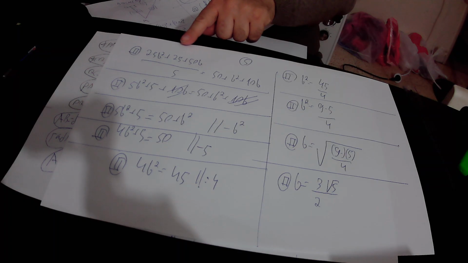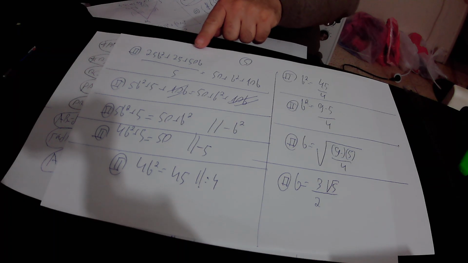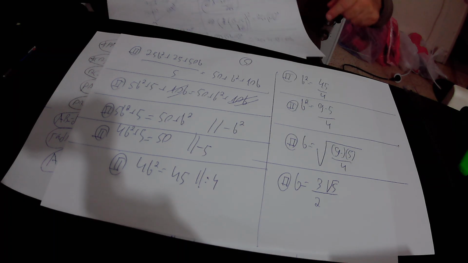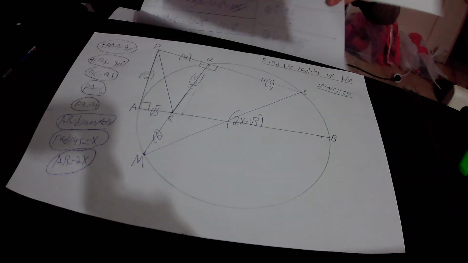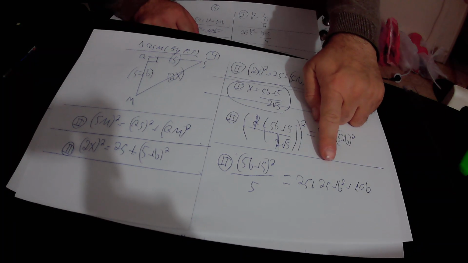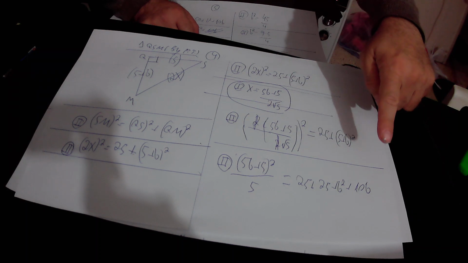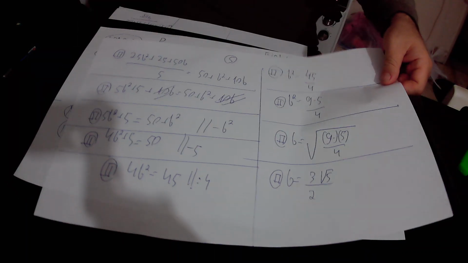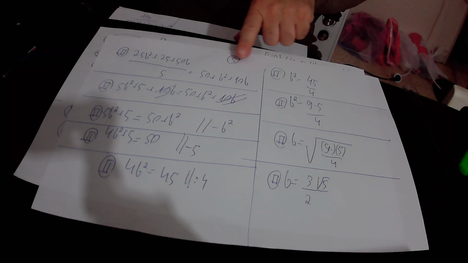So in conclusion, on this side of equation number 2 we have 25b squared plus 25 plus 50b over 5. That equals, on the other side of equation number 2, 25 plus 25, that is 50, plus b squared plus 10b.